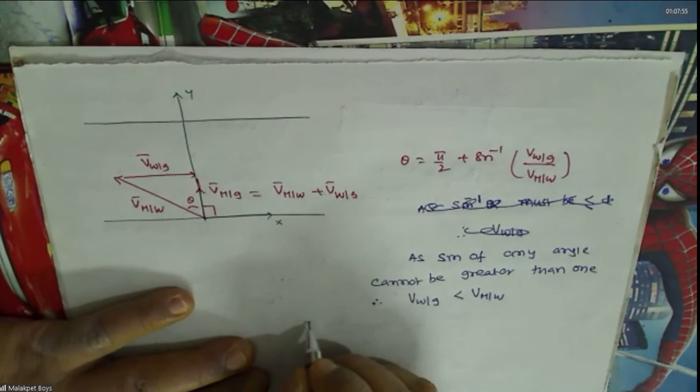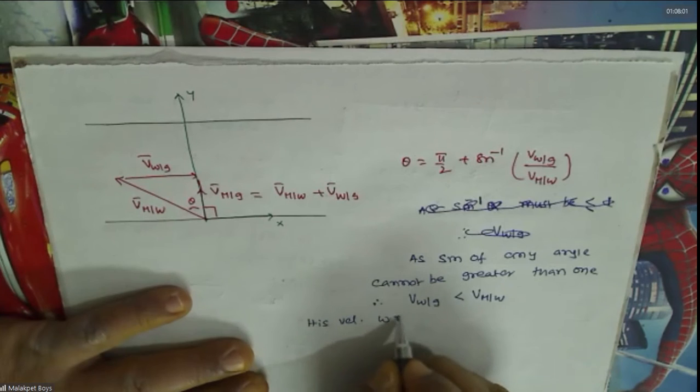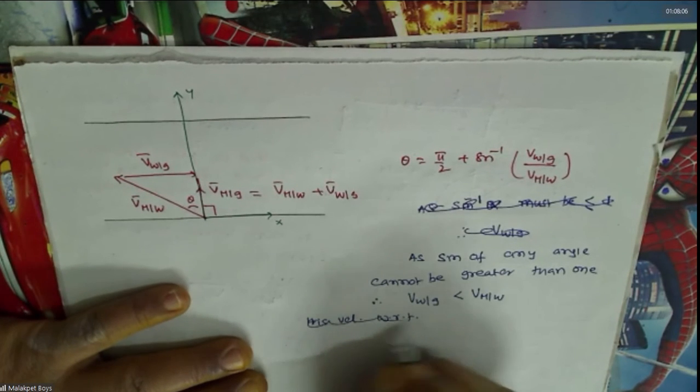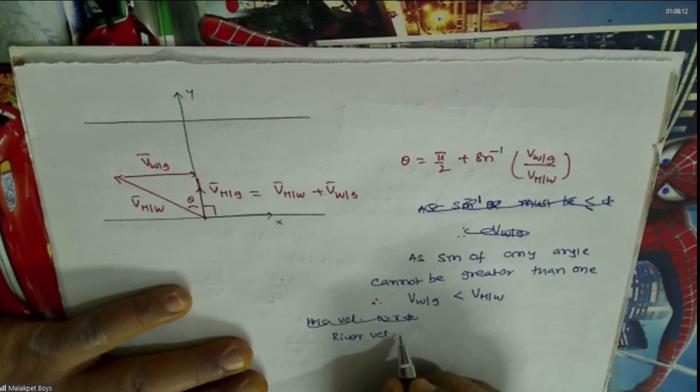That means the velocity of water with respect to ground, or we can say the river velocity, must be less than the velocity of man with respect to water.